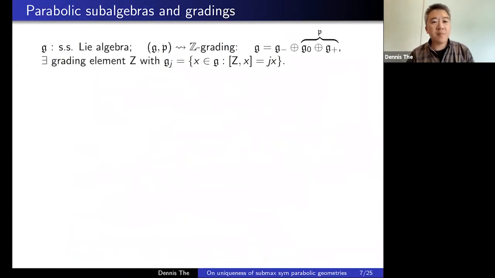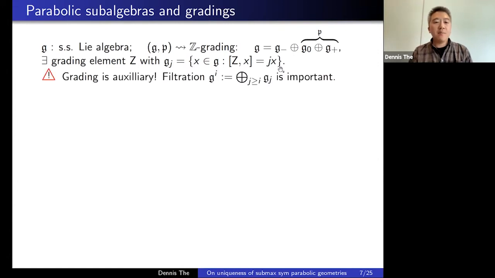Let's go through some organization of these Lie algebras, this modeling data. Fix a semi-simple Lie algebra and pick a parabolic subalgebra. This defines a grading associated to it. There always exists a grading element Z such that the eigenvalues of the ad Z action, these g_j levels, are precisely those eigenspaces.